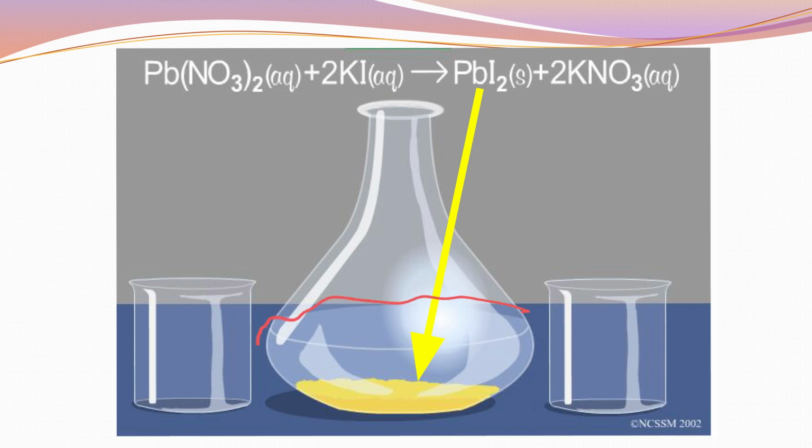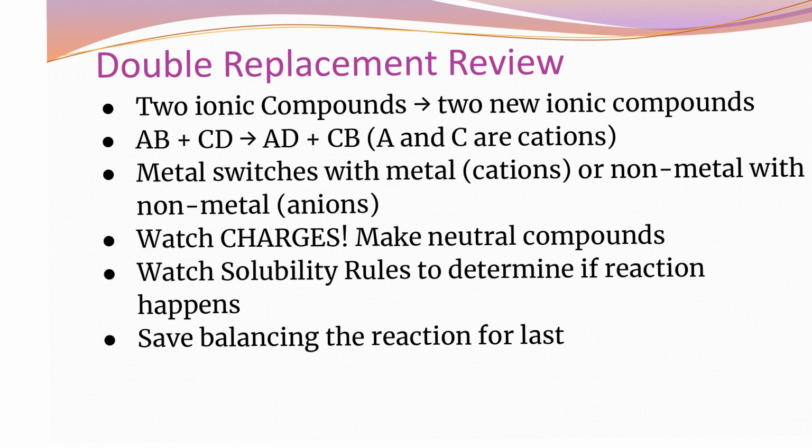In this case it is clear, but at the bottom you can see that PbI2. So that's evidence of a solid. Sometimes it's cloudy or milky, but a lot of times the solid forms and goes to the bottom. Before we go on to another idea, let's just review quickly.